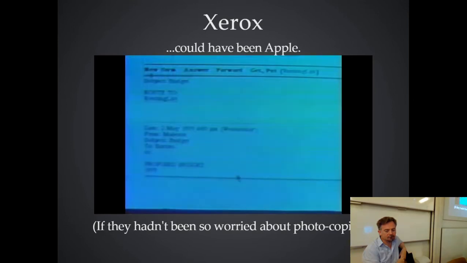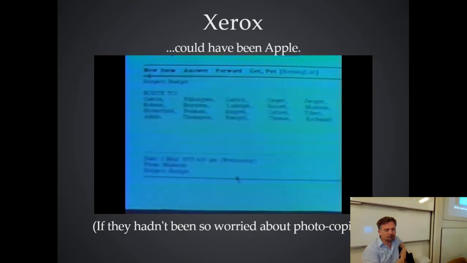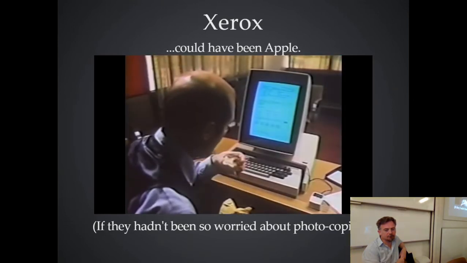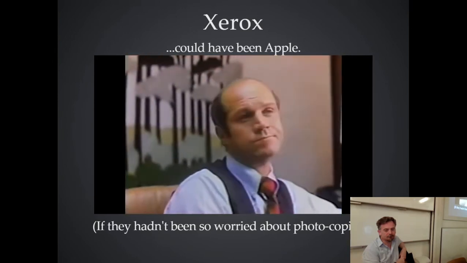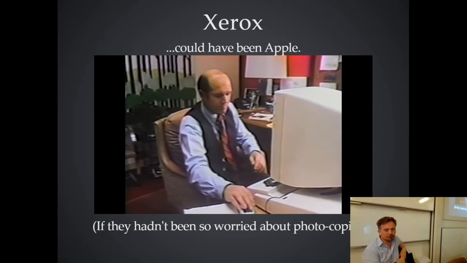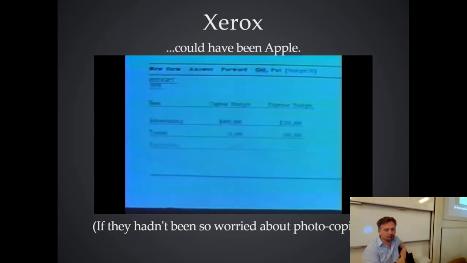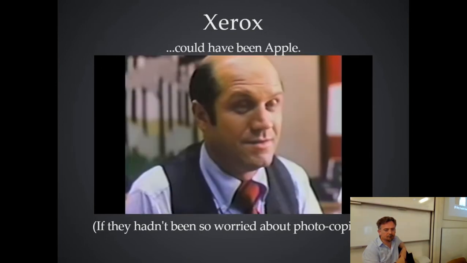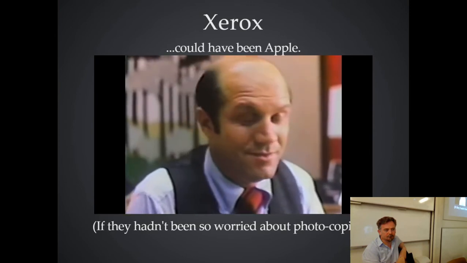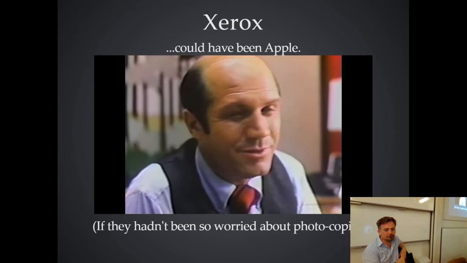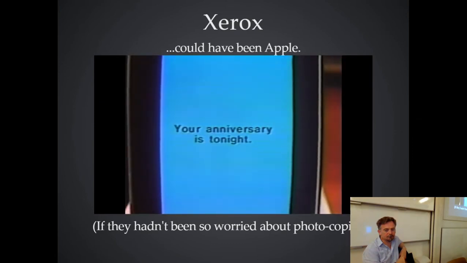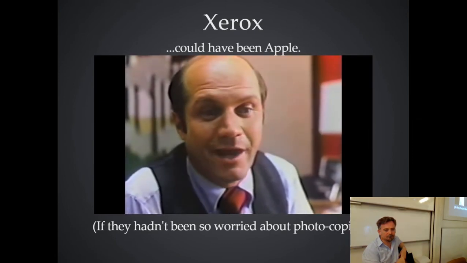Push another button, and the information is sent electronically to similar units around the corner or around the world. This is an experimental office system. It's in use now at the Xerox Research Center in Palo Alto, California. Soon, Xerox systems like this will help you manage your most precious resource, information. Anything else? Flowers. Well, what flowers? My anniversary. I forgot.